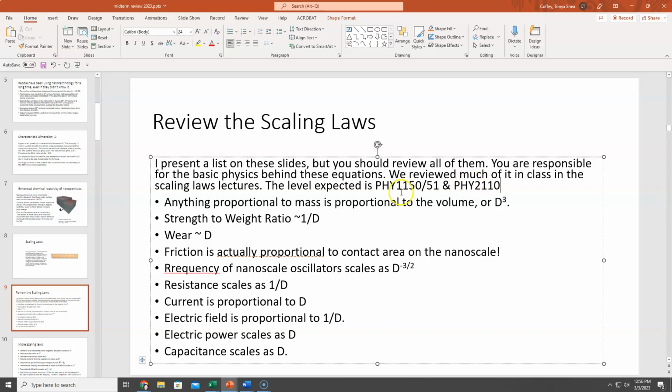The frequency of nanoscale oscillators, that's supposed to be NF, scales as d to the minus 3/2 power. Electrical resistance scales as 1 over d. Current is proportional to d. Electric field is proportional to 1 over d. Electric power scales as d, and capacitance scales as d. So all of those things are scaling laws that you should review.